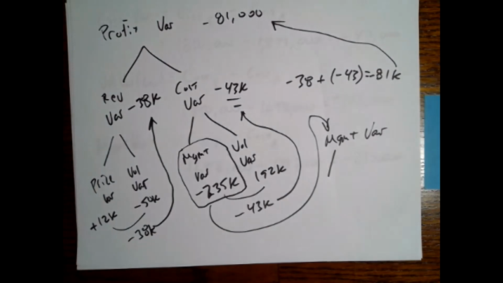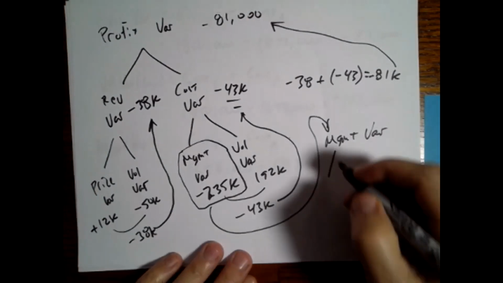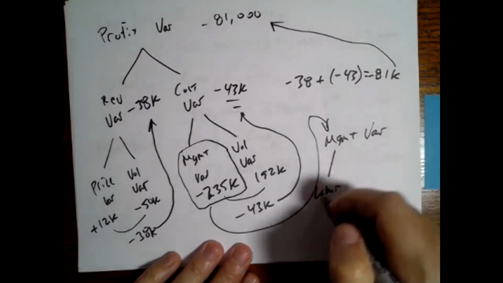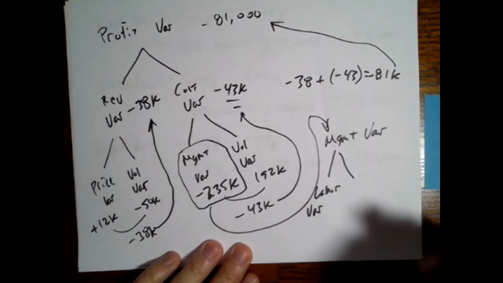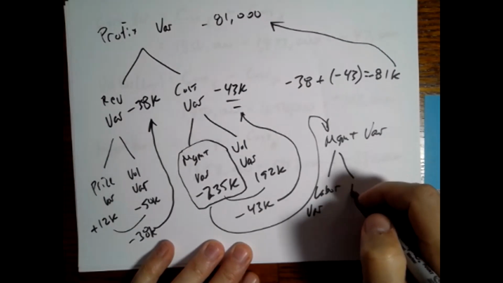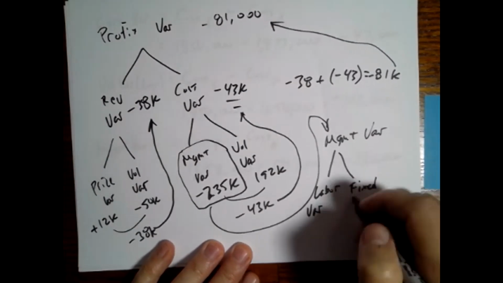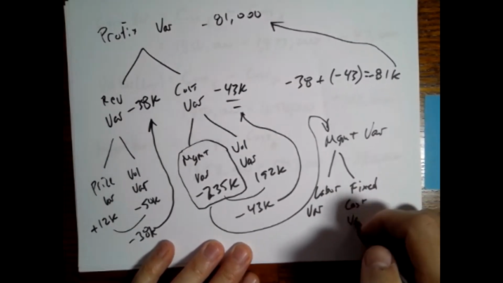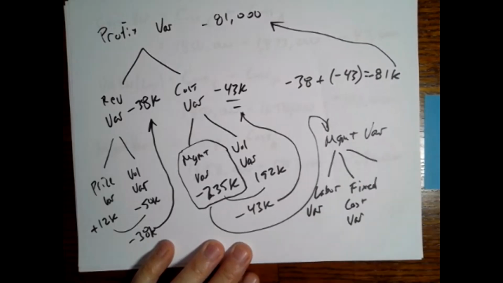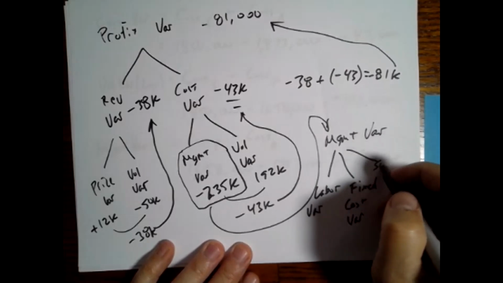Management variance breaks down into labor variance, fixed cost variance, and supply variance.